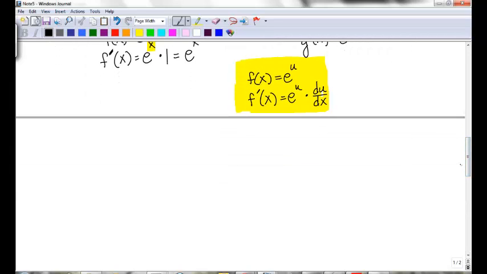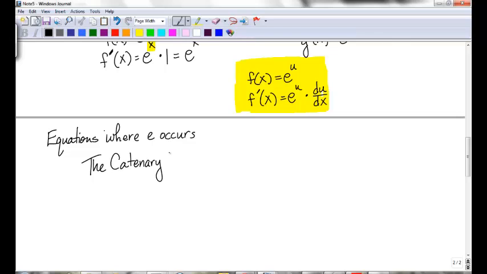Okay, now, some examples of equations where e occurs. One is the catenary curve. The most famous catenary curve that you know of is the St. Louis arch.